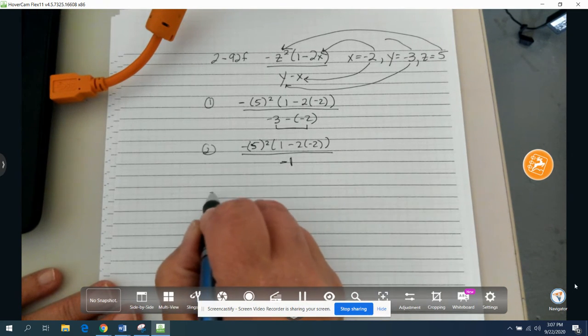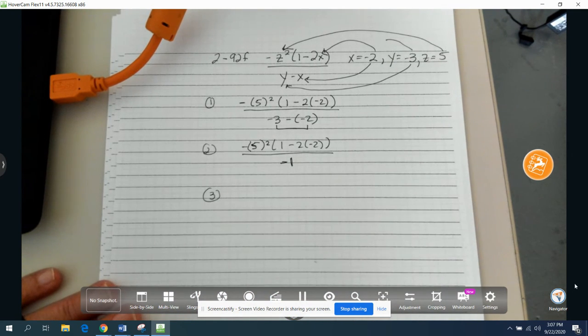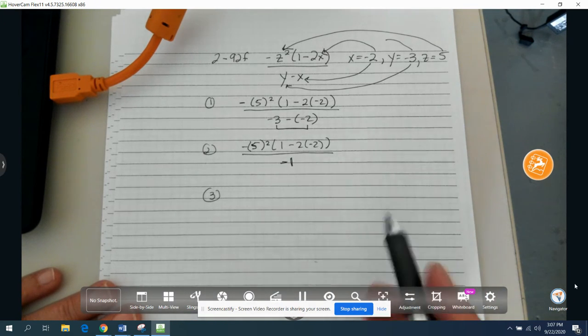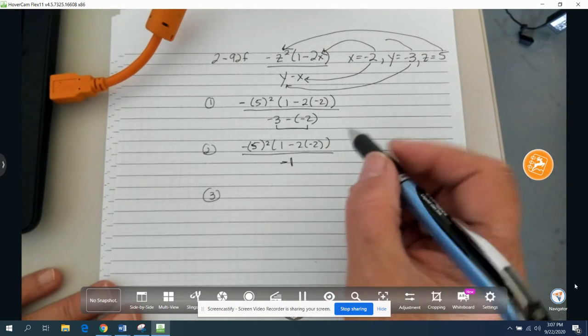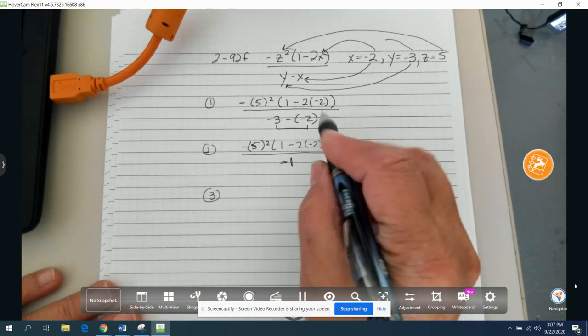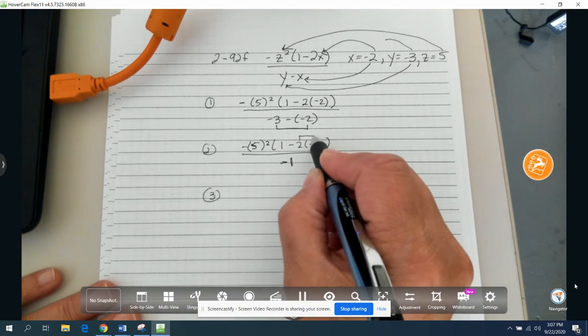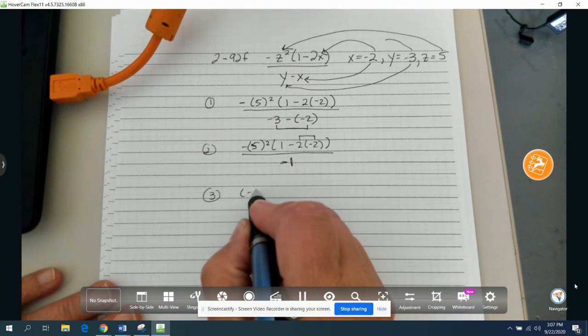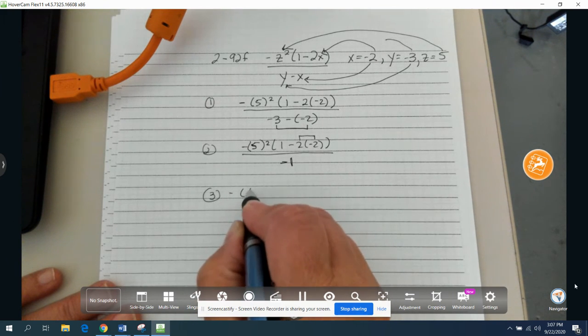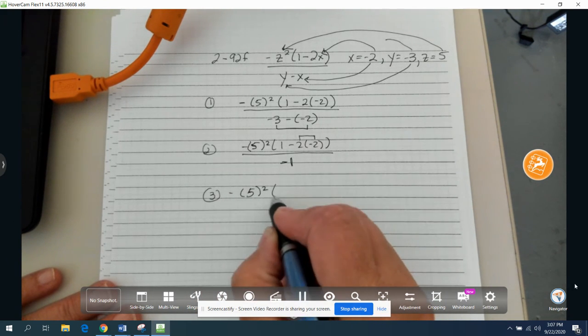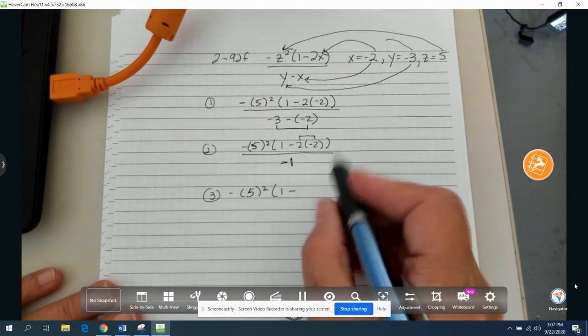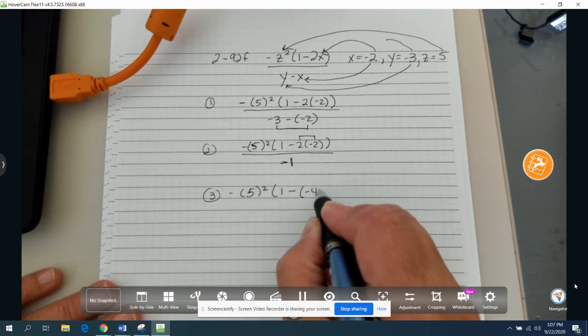All right, so my next step now is I'm going to tackle this top part. I'm going to tackle the numerator. Start in the parentheses because that's what order of operations says to do. And then inside the parentheses, I have to follow order of operations, so I'm going to multiply these two together. The -5 squared stays the same, 1, and then 2 times -2 is -4.